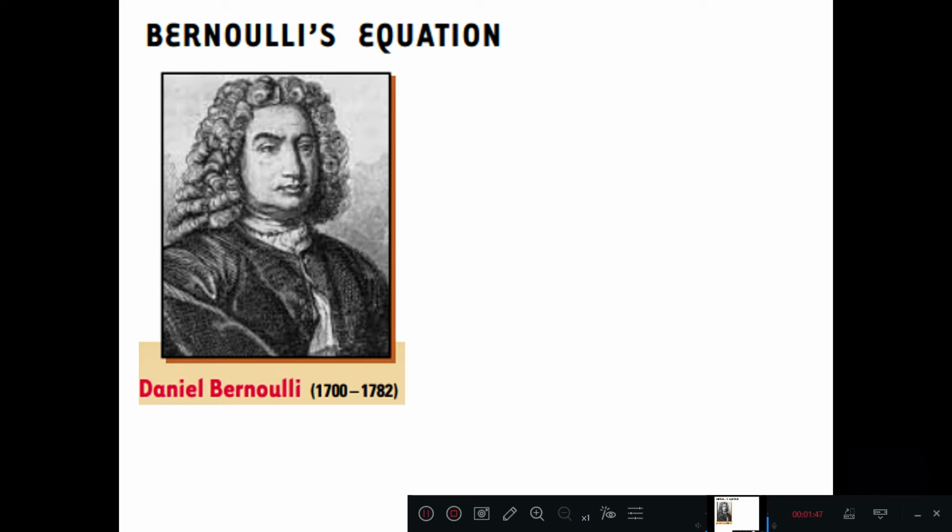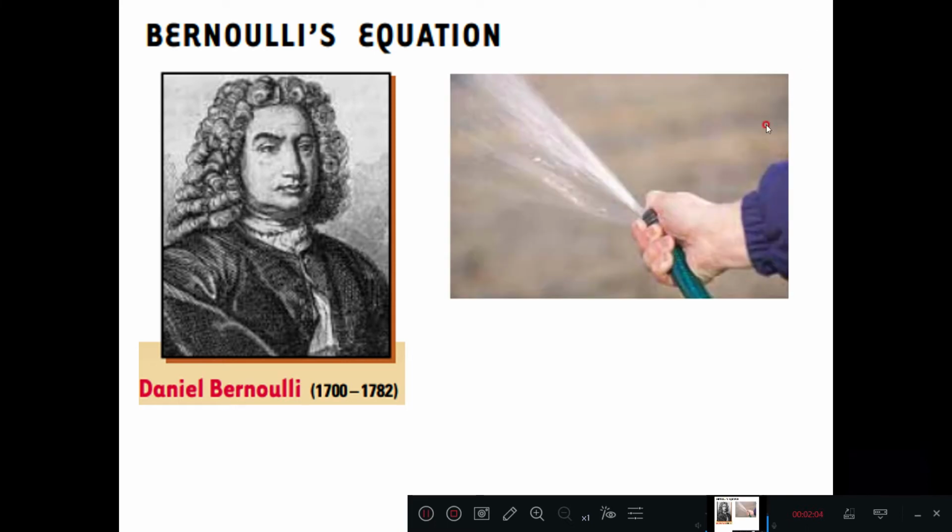Bernoulli's equation in the dynamics of fluid flow is very useful for analyzing fluid motion. Let us look at this example. When you press your thumb over the end of a garden hose pipe, look here, this person is pressing the thumb at the end of the garden hose pipe.